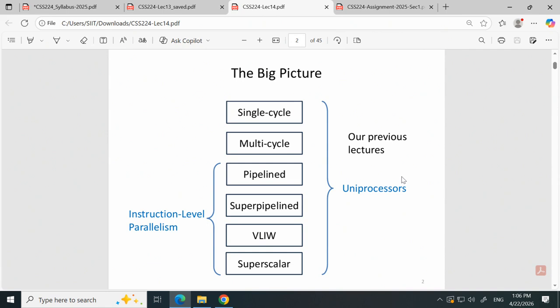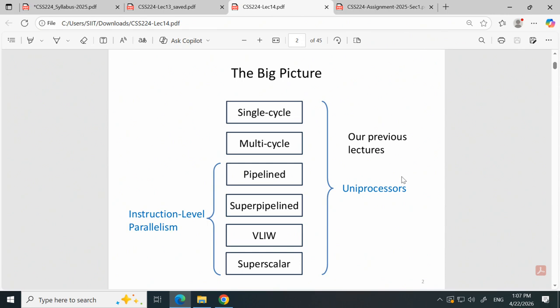VLIW and superscalar, okay, multi-issue. What does it mean, multi-issue? These two computers share one concept called multi-issue or multiple issue.